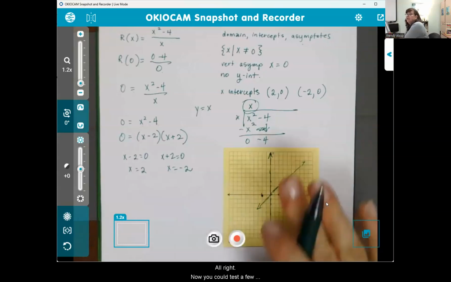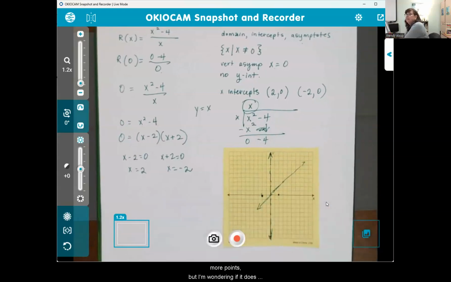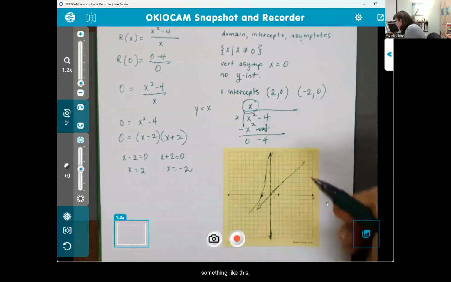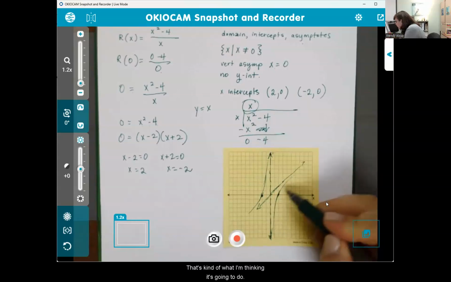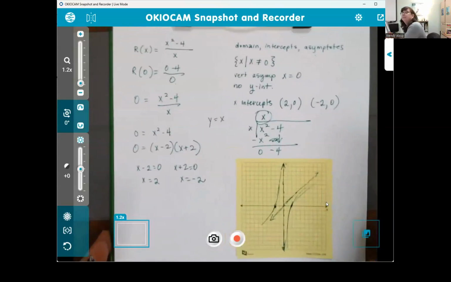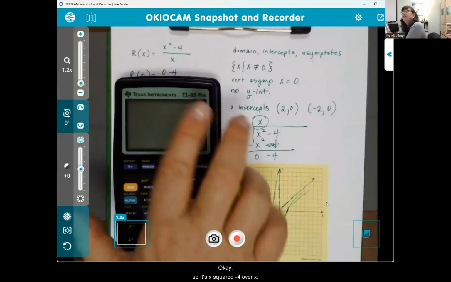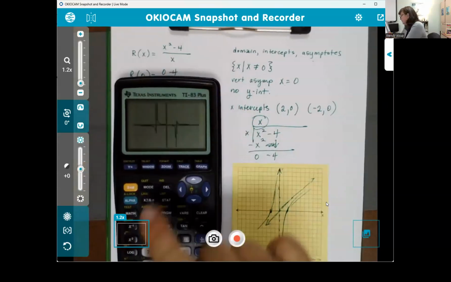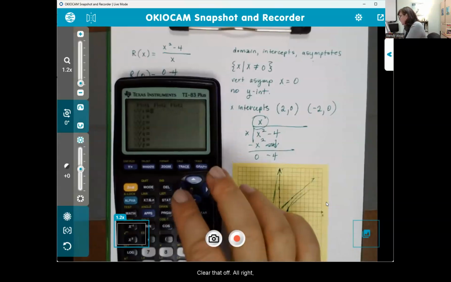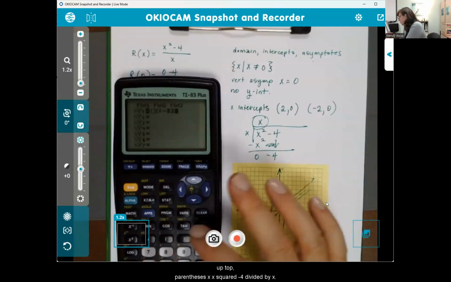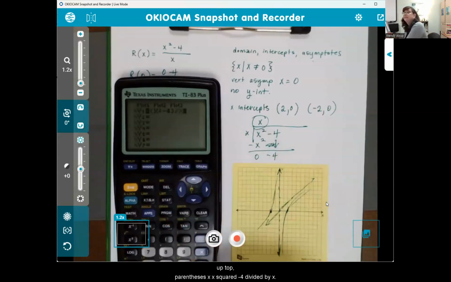All right. Now you could test a few more points, but I'm wondering if it does something like this. That's kind of what I'm thinking it's going to do. Let's look at it on our graphing calculator as well. Okay, so it's x squared minus 4 over x. Clear that off. All right, up top, parentheses, x squared minus 4, divided by x.